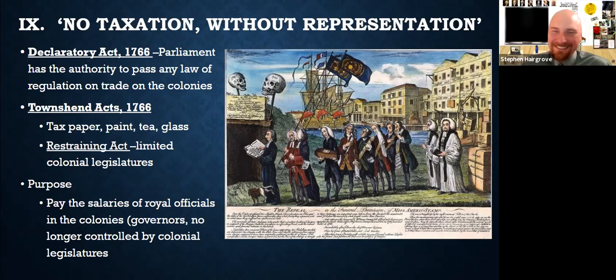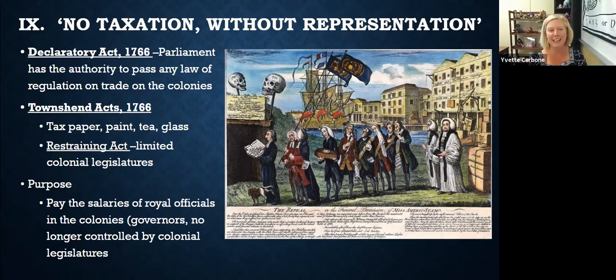And then you have what we call the Townshend Acts. Lord Townshend at the time was the head of the Exchequer. He'll go on to become the Prime Minister of Great Britain. But his vision was, you've got to tax everything in teeny amounts so people can't escape the tax.